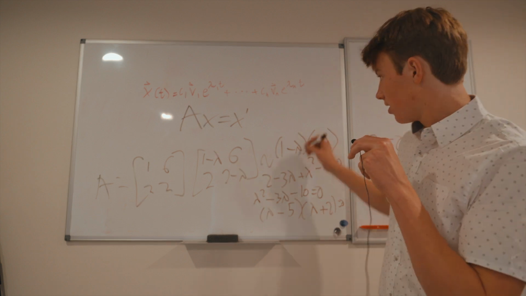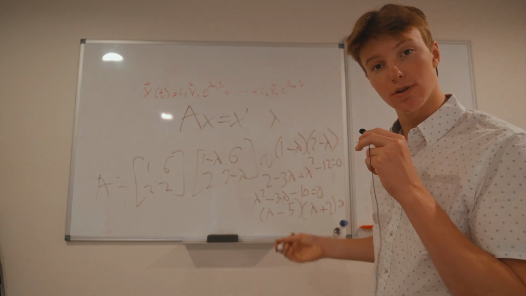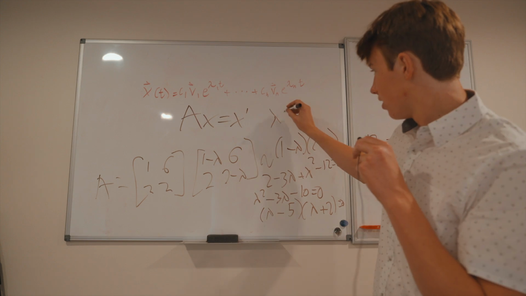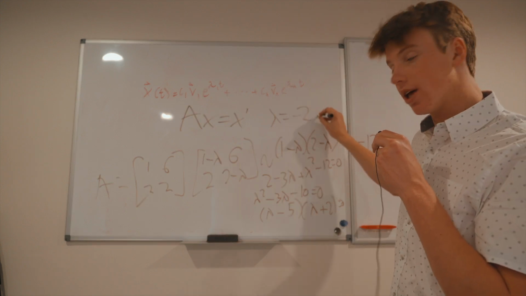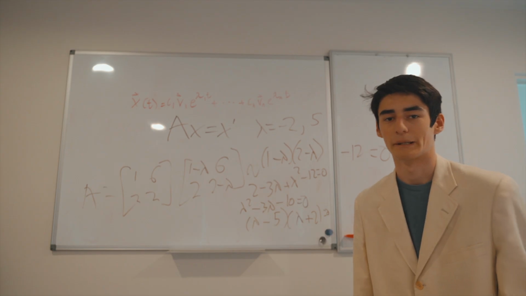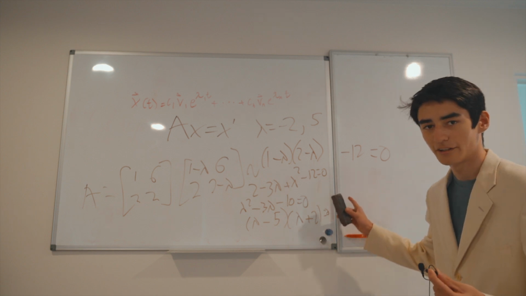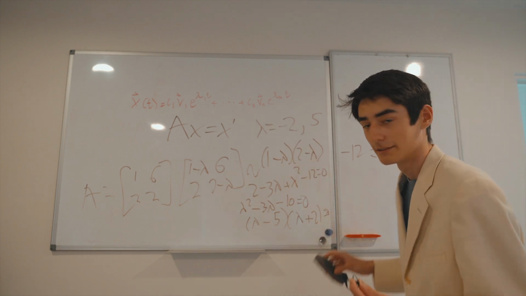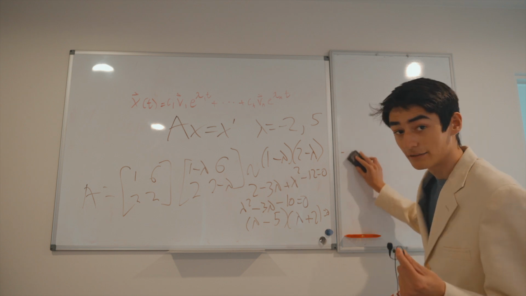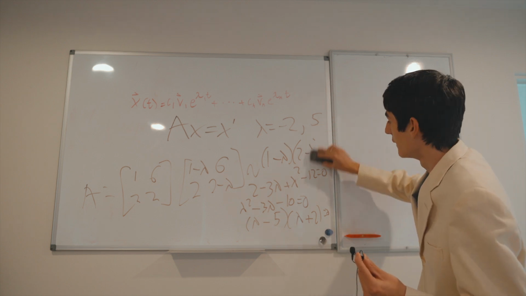This means that our eigenvalues, also denoted as lambda, are equal to -2 and 5. As my partner found the eigenvalues right here, we will now be finding the eigenvectors by these eigenvalues.